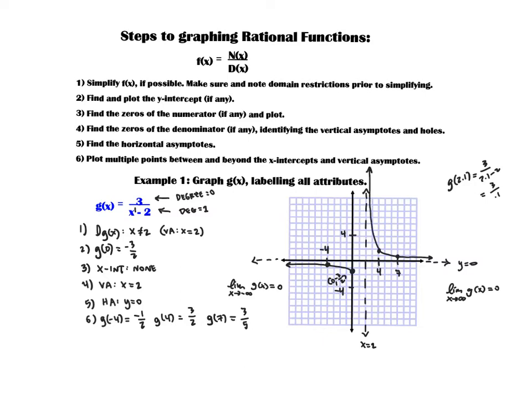So we're going to be approaching this vertical asymptote headed way up, uncountably high. Okay, and g of 1.9 will equal 3 over 1.9 minus 2, which will be 3 over -0.1, which will be -30, right?